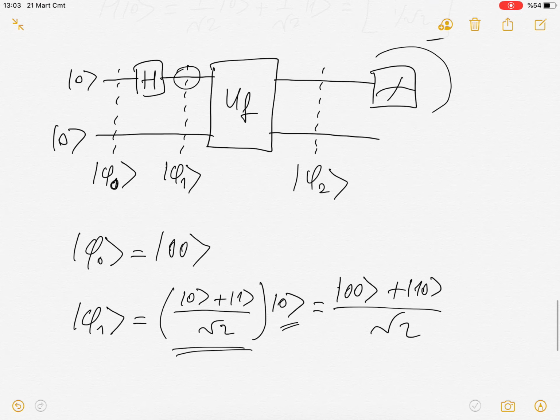Now it's time to apply the function UF on phi 1.